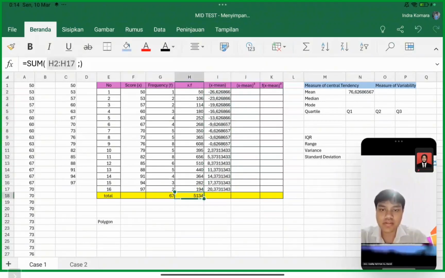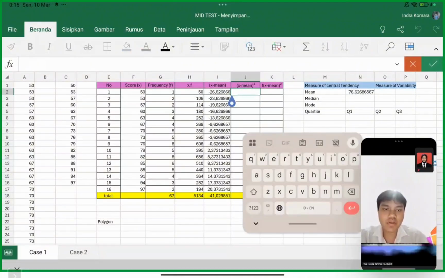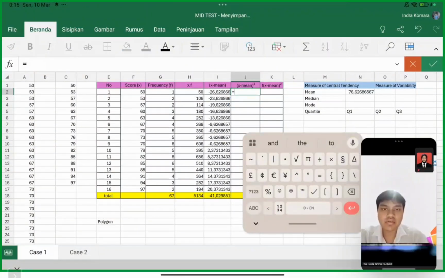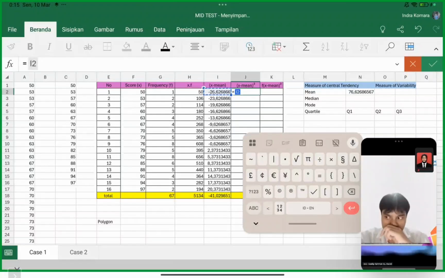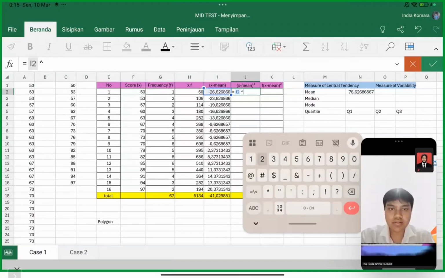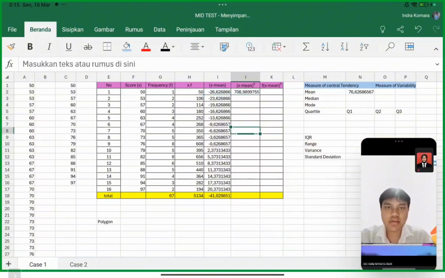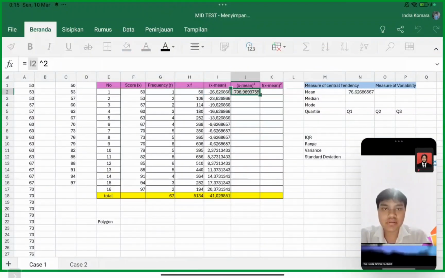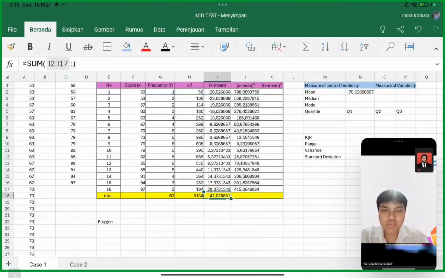Yep, don't forget the sum too. Okay, now x minus mean squared. Okay, x minus mean squared is the x minus mean, use this symbol and 2. Right, here's the x minus mean squared. Drag it down. Don't forget the sum also.